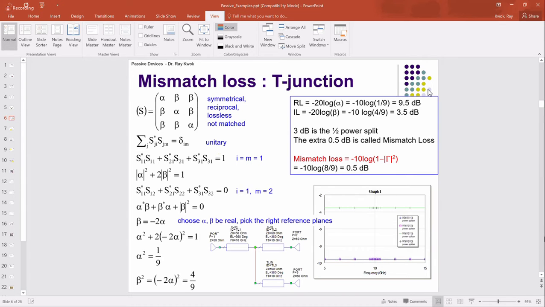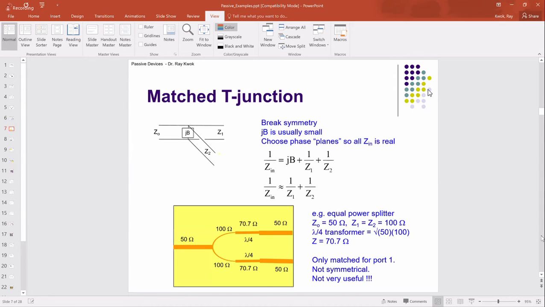Okay, so for example, just like what you talked about here, you say, okay, I could have 150 ohms here, make it 100 and 100. That's fine. That would end up to be 50. And then to get 100 ohms back to 50 ohms, I'm going to use a quarter wave transformer.